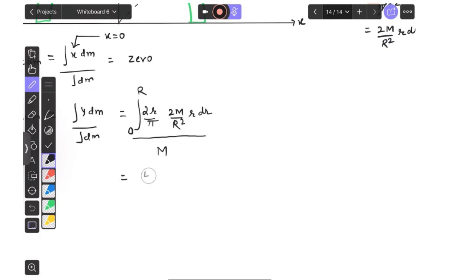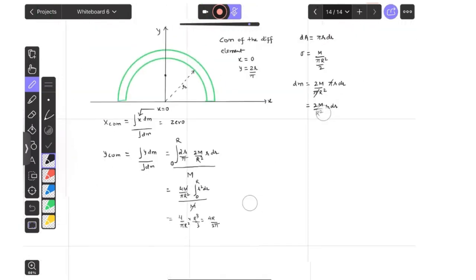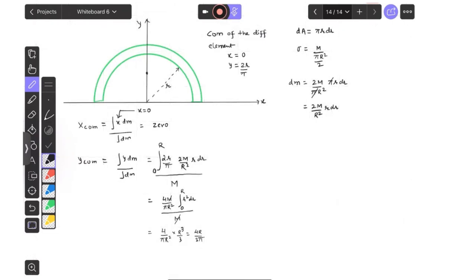So what we have is 4M by pi R square, integral r square dr from 0 to capital R, divided by M. So I can cancel this M and this M. And the integral of small r square will become r cube by 3. So what is going to be the center of the mass? It's going to be 4R by 3 pi. I hope all of you got this one.